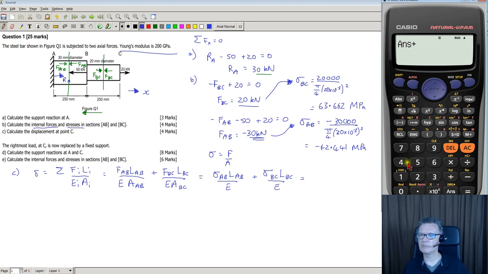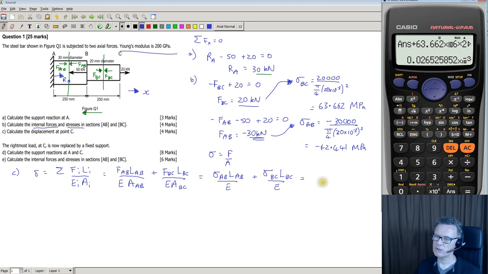So plus 63.662 to the power 6 times its length, 250 again, divided by 200 gigapascals. So overall, let's do this in millimeters, we get 0.0265 millimeters.